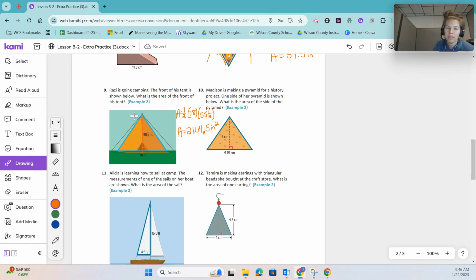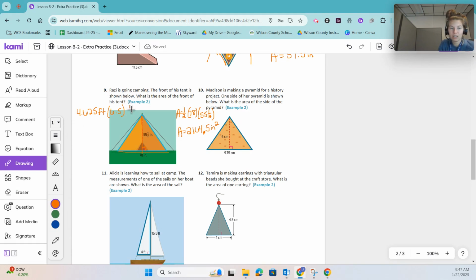A problem like this, they might ask you to turn that into feet. If they do that, you have to divide by 12. So you would do this 55.5 divided by 12, and it would be 4.625 feet, times 78 divided by 12 would be 6.5.